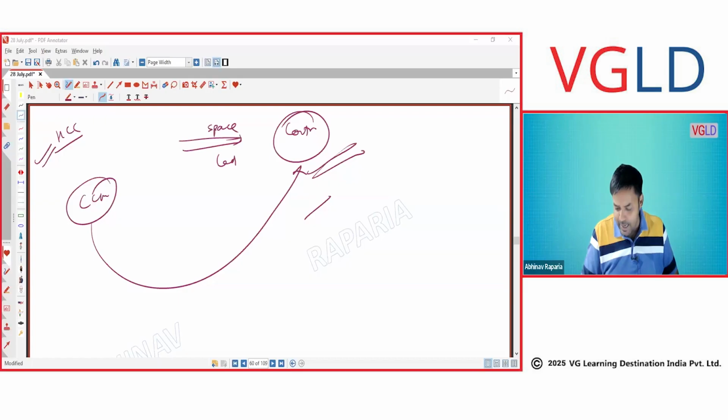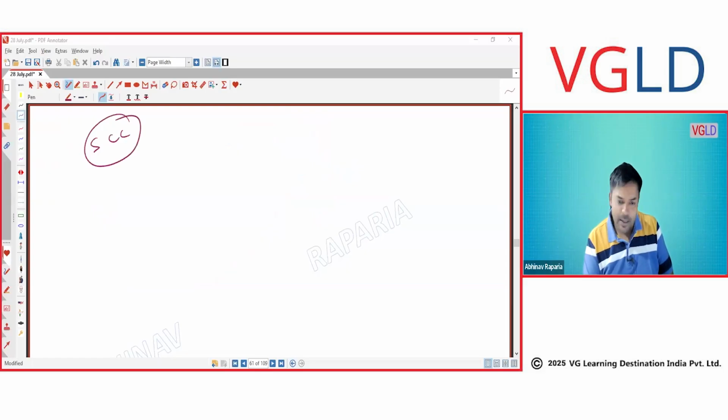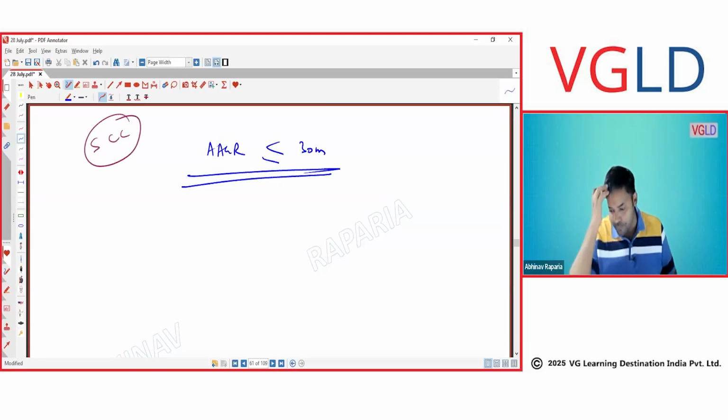Second is SCC, small construction contract, guys. How to decide if something is small or big? Same funda what we have done, guys. Small would be decided by the gross receipts test. That means if your AAGR is less than or equal to $30 million, then we are going to assume you are small.